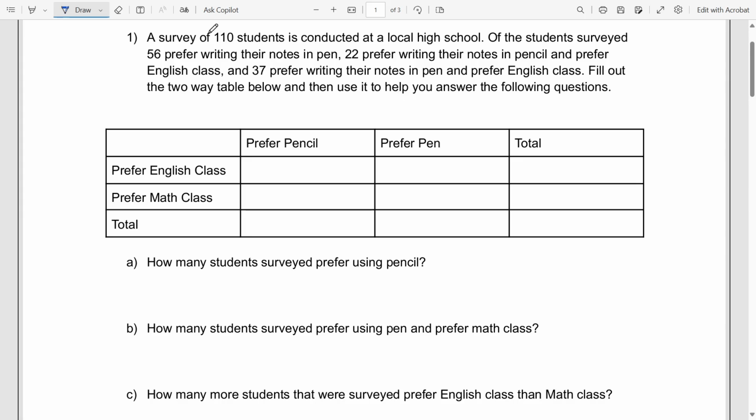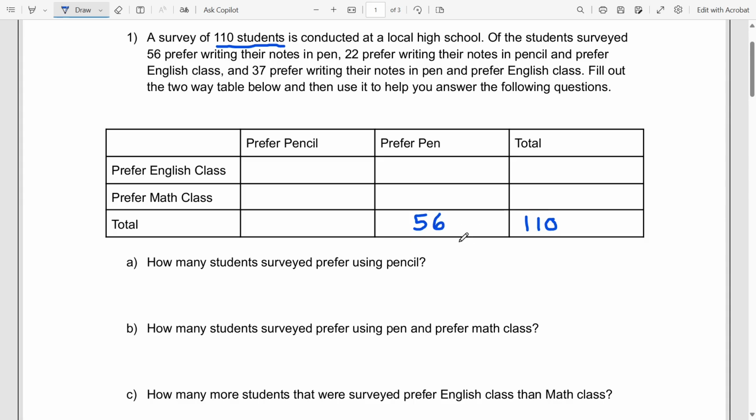So first thing, we have a total of 110 students. So right down here, the total is 110. Okay, so we can put that in. That says of the students surveyed, 56 prefer writing their notes in pen. So of the pen writers, that's 56. Okay, so we're going to put 56 here.